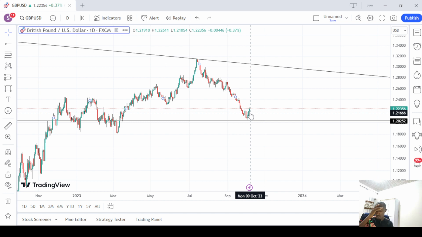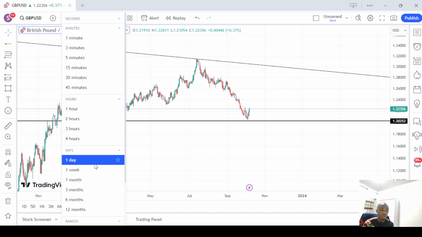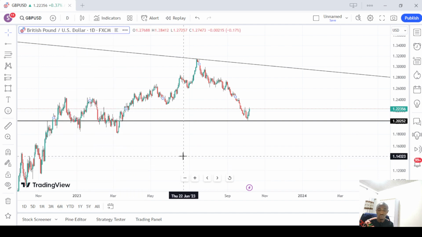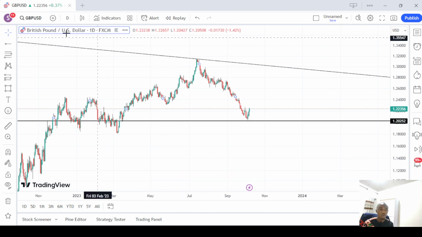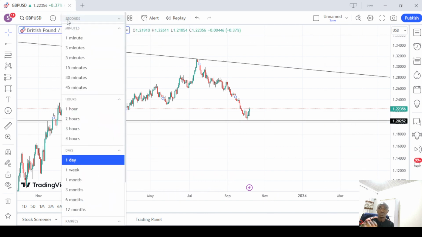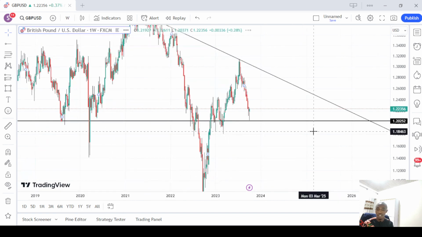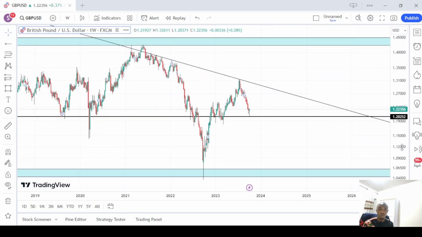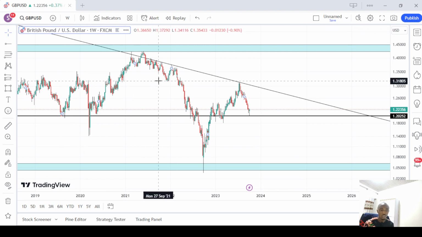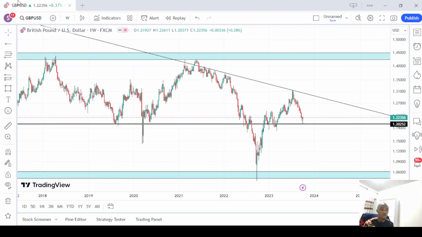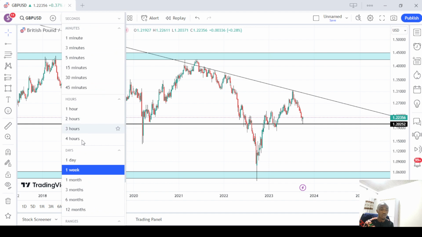Then you use the 4-hour time frame for entries. But for the purpose of today's video, which is to show you how to draw your support and resistance, we are good to go with GU.